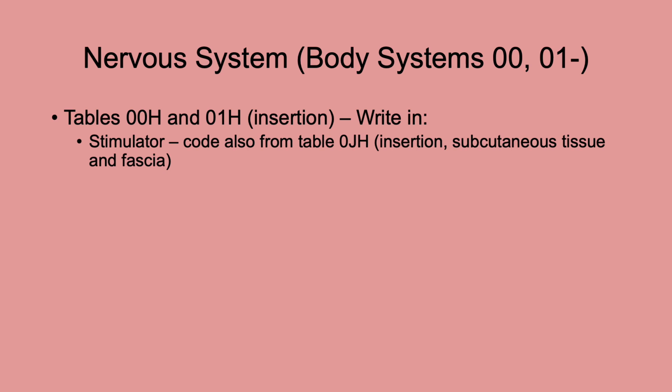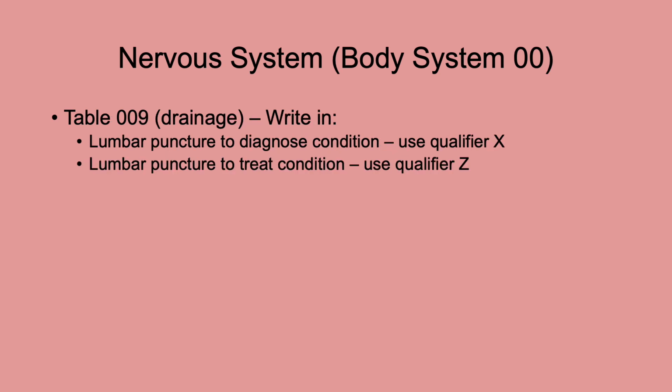So you're also doing subcutaneous tissue and fascia for this. Also for the central nervous system, the root operation drainage, write in lumbar puncture to diagnose condition, use qualifier X. Lumbar puncture to treat condition, use qualifier Z.